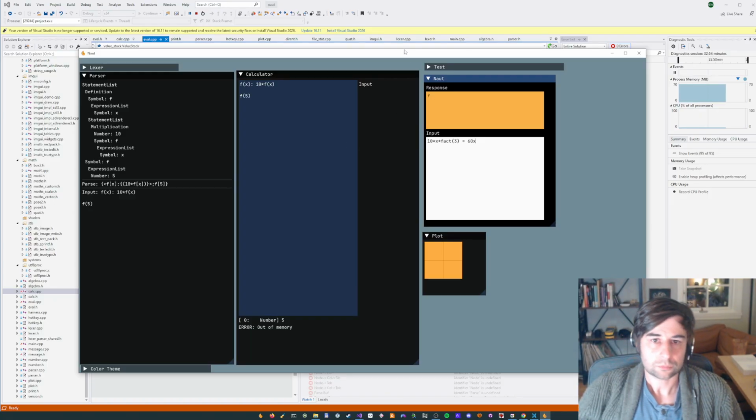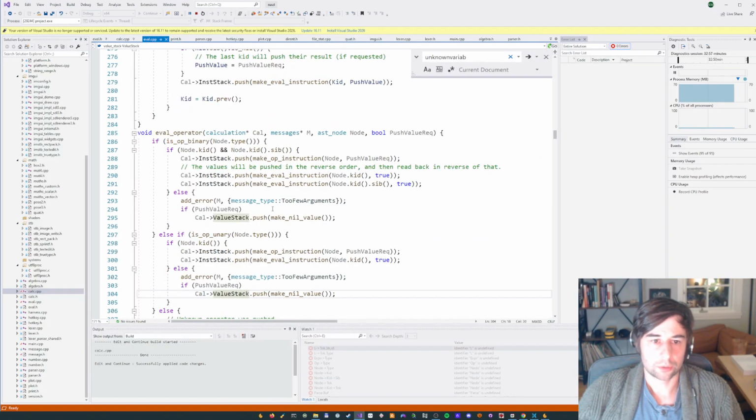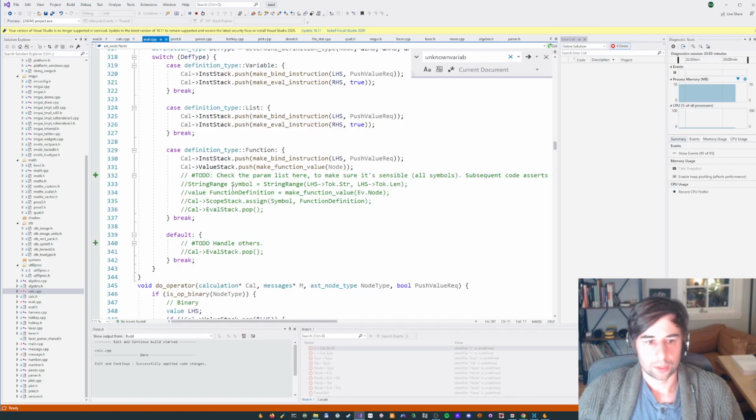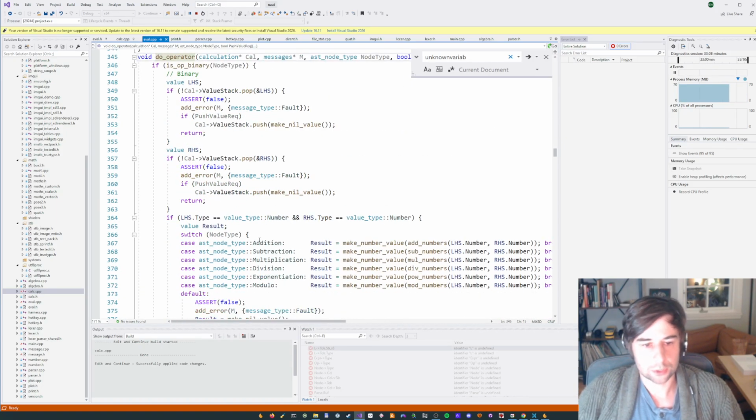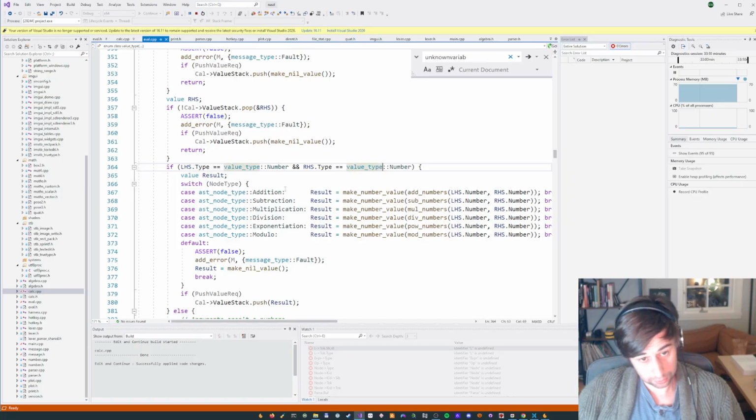Okay, so what's happening here is it's saying, I'm trying to eval an operator. It's binary. I have both kids. And then it gets to the actual simplification of the operator, and it says, if I have left and right, I simply do the actual thing.